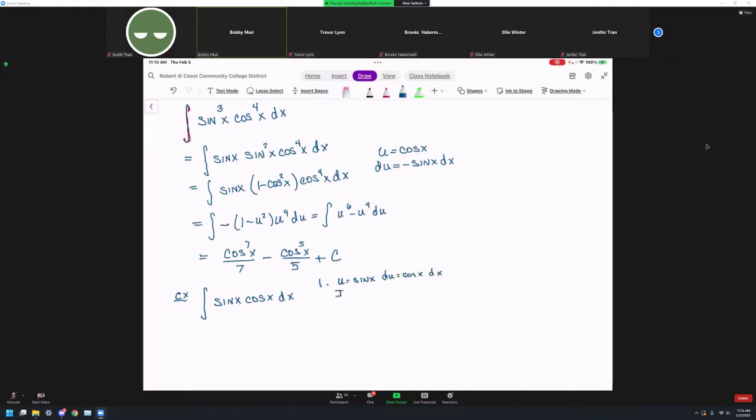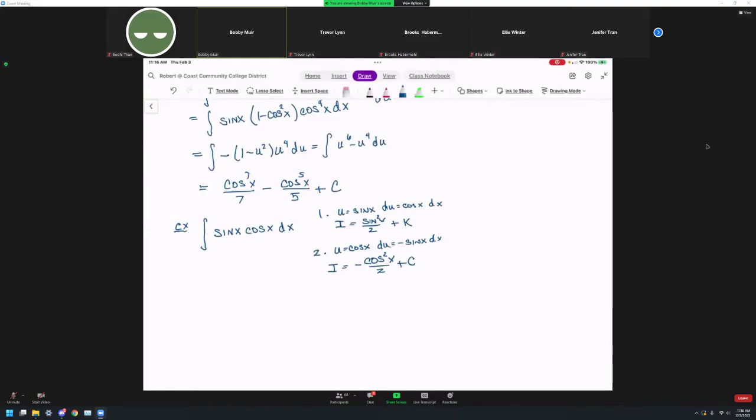And so our integral would be sine squared x over 2 plus a constant. Number two, if I was to let u be cosine x, then du would be negative sine x dx. Okay, and so our integral would equal negative cosine squared x over 2 plus a constant c. They both have to be correct, right?